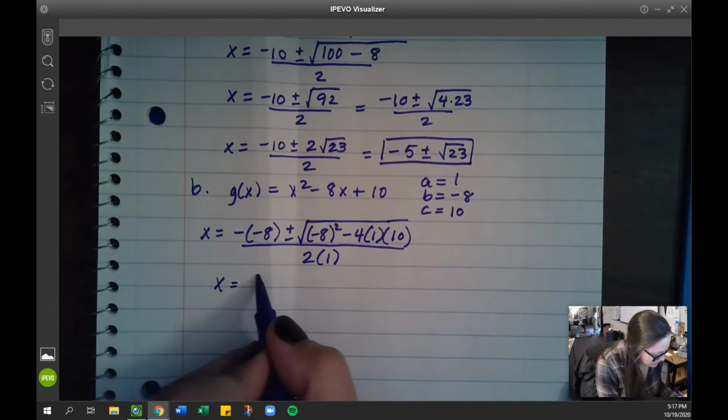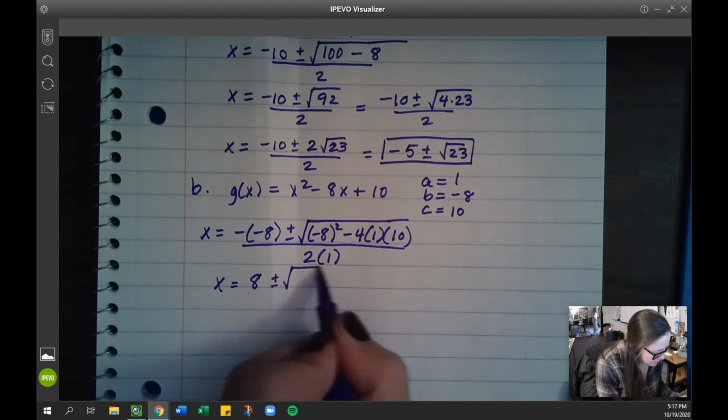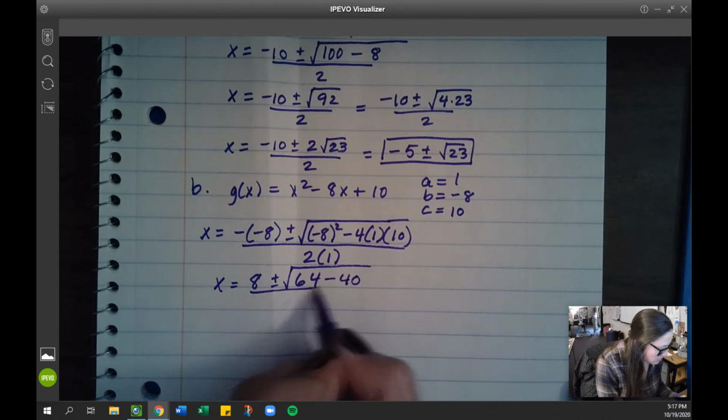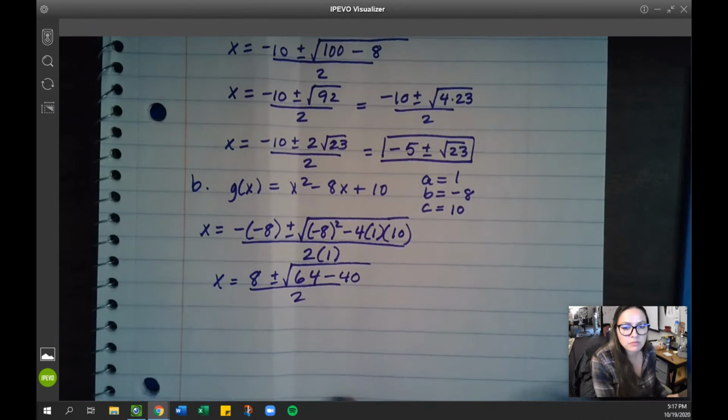The negative of negative 8 is just 8. Negative 8 squared is 64. 4 times 1 times 10 is 40, all over 2.